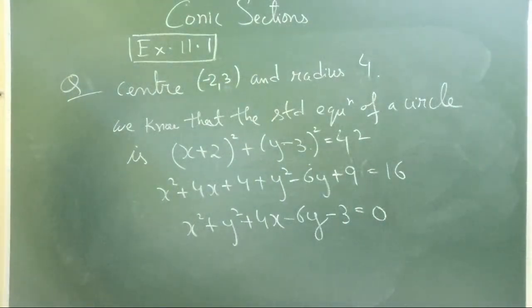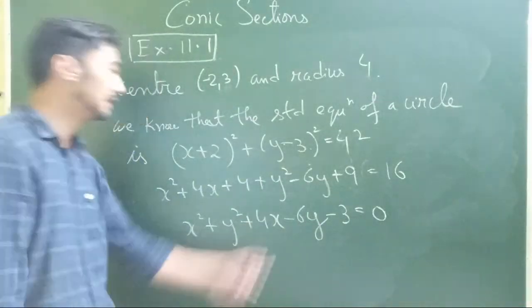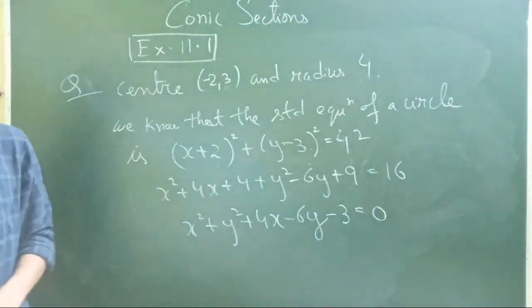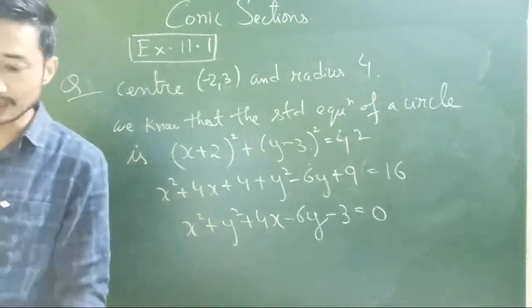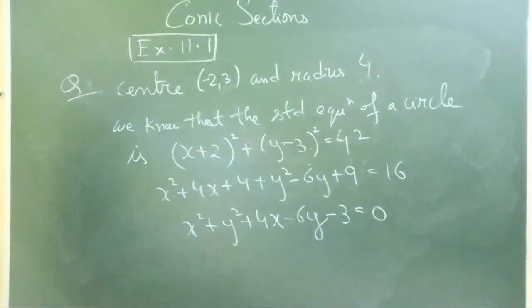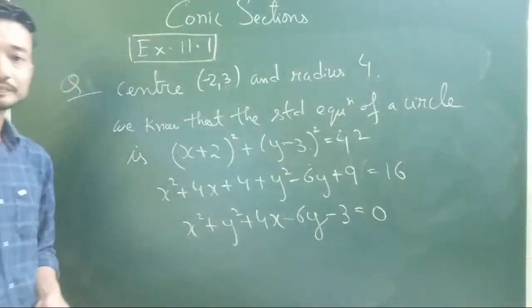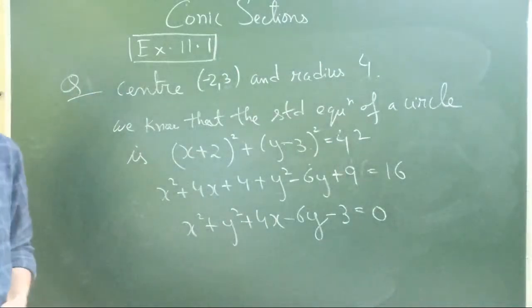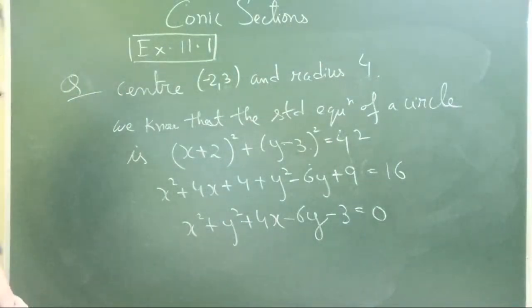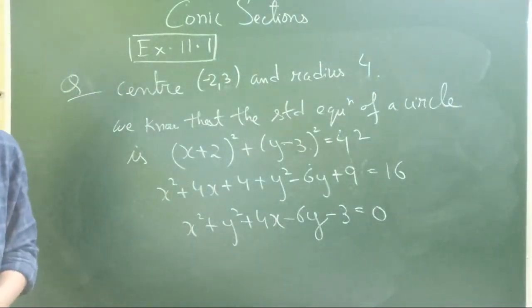So x square plus y square plus 4x minus 6y minus 3 equal to 0. This looks more like the general equation. In the first one, since the center was lying on the y-axis, the x-coordinate term was not there. Alright, let's go to the third question.